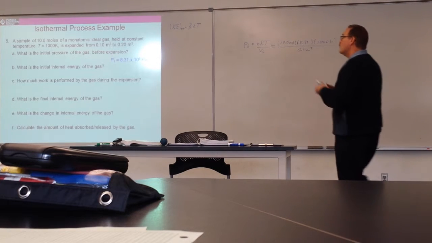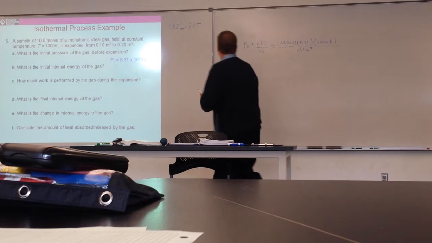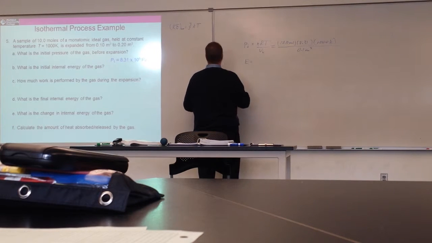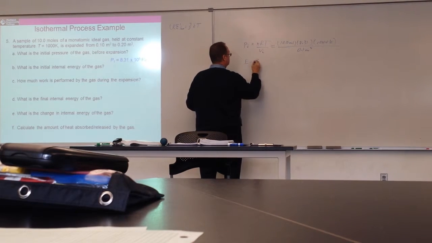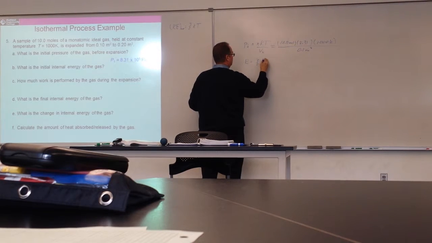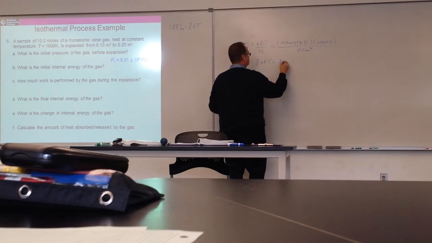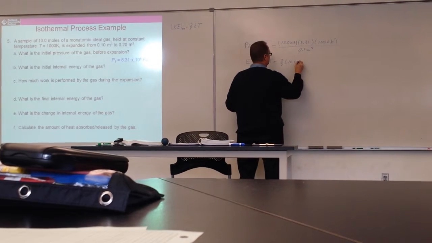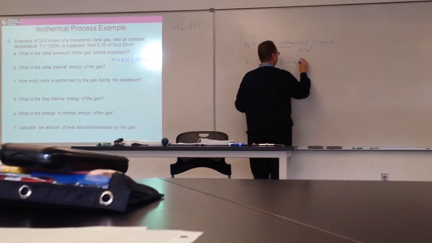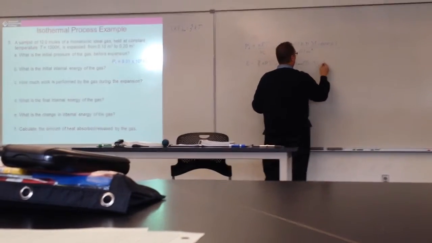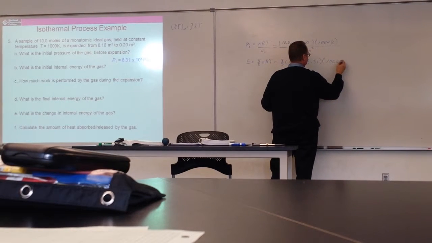Good. What's the initial energy of the gas? Okay, well for that, since it's monatomic, I can use energy equals 3/2 nRT. So that's going to be 3/2 times 10 moles times 8.31 times 1,000 kelvin.